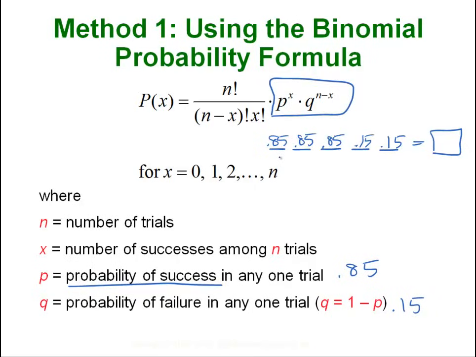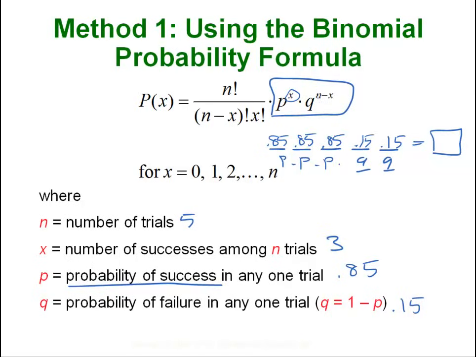So this ends up being P, P, P, Q, and Q. And if you multiply 3 P's together, that's P cubed, where X is the number of successes. In this case, we wanted 3 successes out of 5 trials. So you can see how these numbers give us that part of the formula.